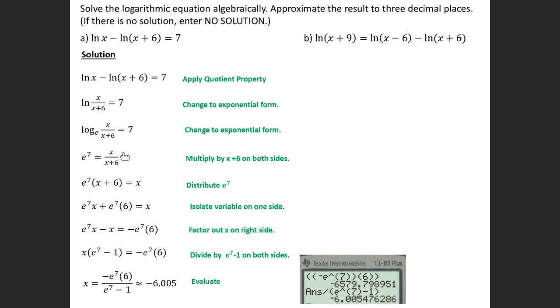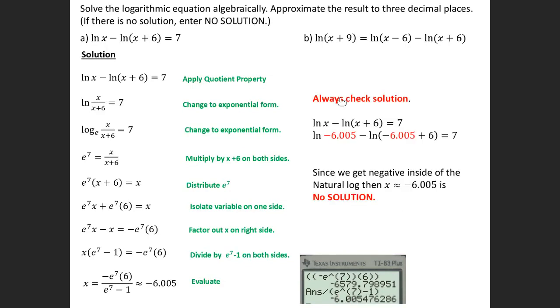Anytime that you are looking at a solution for natural logs or logarithms, there's one important thing that we have to do at the end, and that's always check to see if this is actually a true solution. The way we do that is you look at your original problem and you substitute for your x the value that we got. So x is equal to negative 6.005.